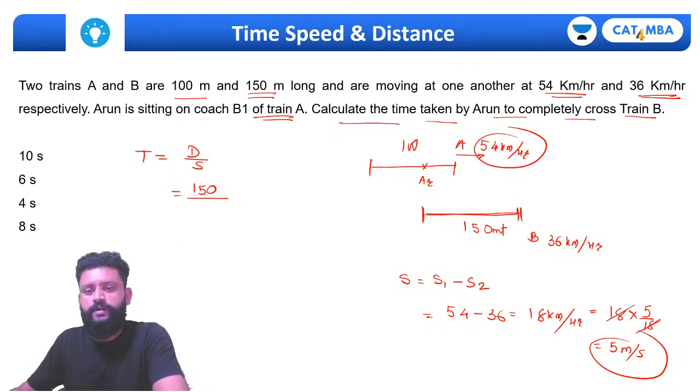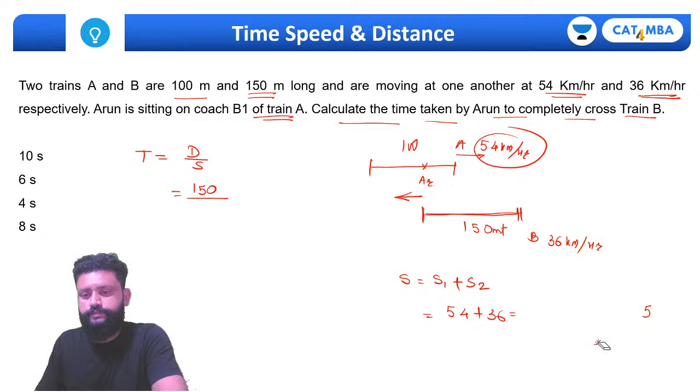These trains are moving towards each other. So it's not minus, it will be S1 plus S2, which comes out to be 90 kilometers per hour.